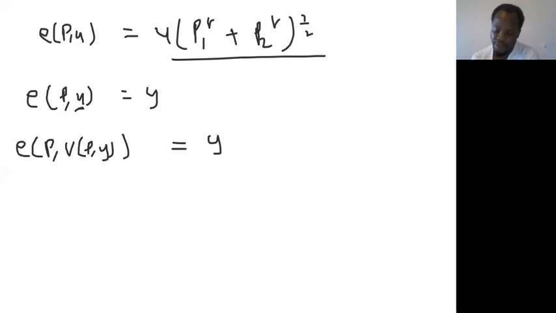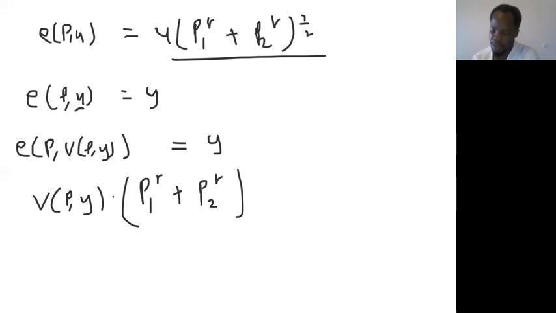So instead of u here, I'll have v(p, y). It equals v(p, y) multiplied by (p1^r + p2^r)^(1/r) equals y.